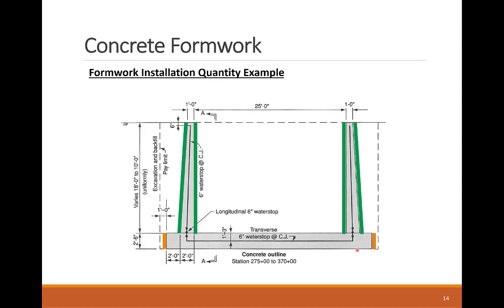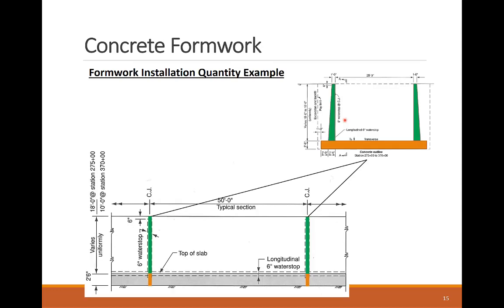The bottom of the slab is already formed by the natural ground, and the bottom of the wall is already formed by the top of the slab that's poured before the wall. The top of the wall does not structurally need formwork, and it is finished by the placement crew.